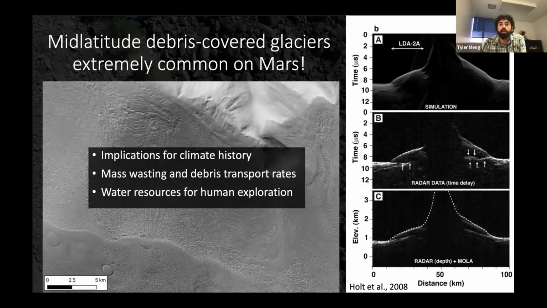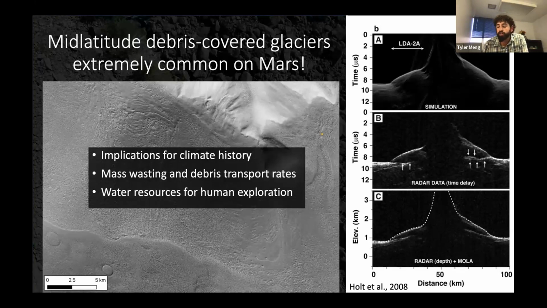And then, of course, human exploration remains of interest to a lot of people moving into the future. Water is a vital resource for any sort of human settlement or exploration, or any long-term living scenarios. So those are our main motivations for understanding Martian debris-covered glaciers.